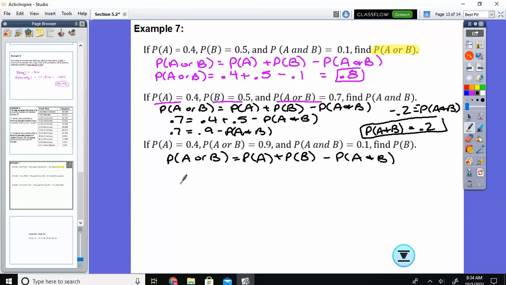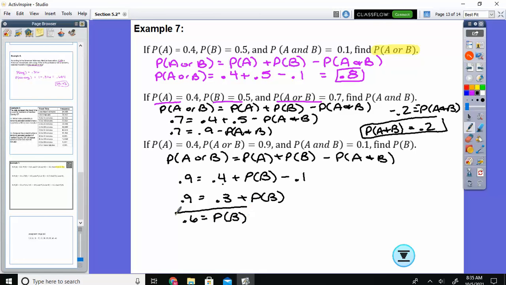The probability of A or B, probability of A, probability of B, we don't know, minus probability of A and B, 0.1. Add like terms, 0.4 and negative 0.1, 0.3. Subtract over your 0.3. Probability is 0.6.